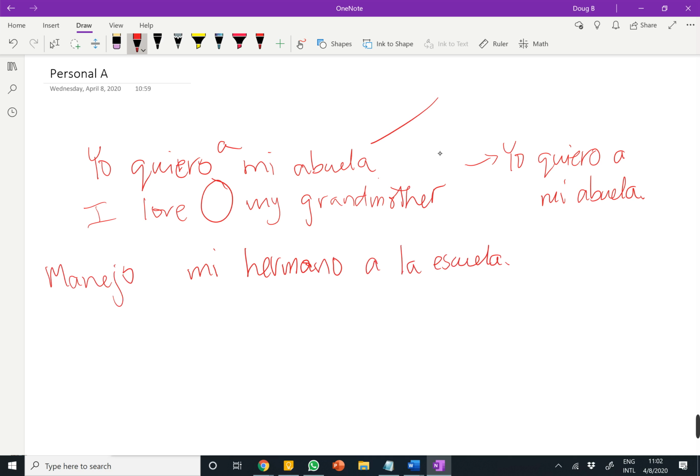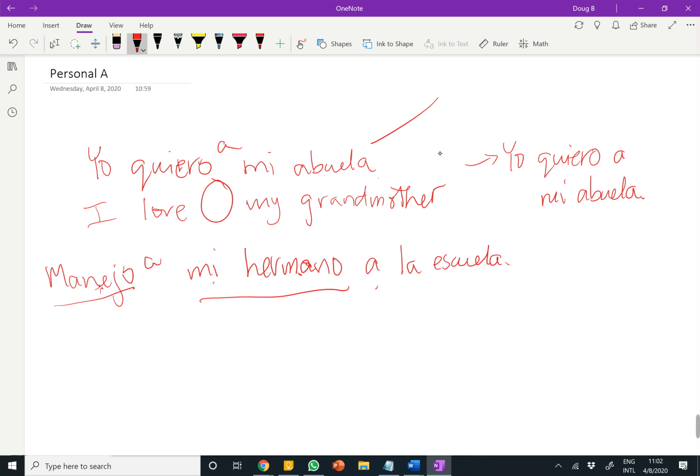I drive my brother to school, right? So in English, I drive my brother to school, right? Except in Spanish, we need manejo a mi hermano a la escuela because we have a verb and then we have a person. So after a verb, before a person, you need a personal A. Just the way things go in Spanish.